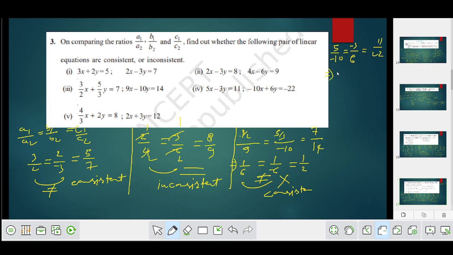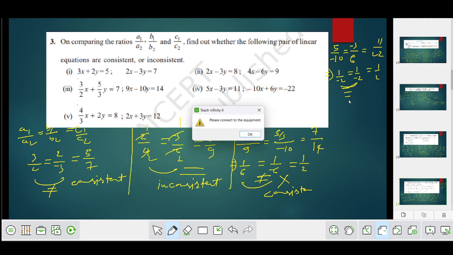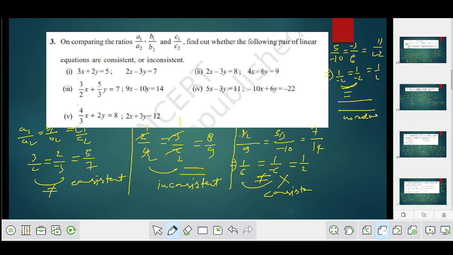We can write 1 by minus 2, 1 upon minus 2, 1 upon 2. These are the same, but the constant term is different. Then we can say that these are parallel lines. Parallel lines have no solutions. No solutions, so we can say that it is inconsistent.